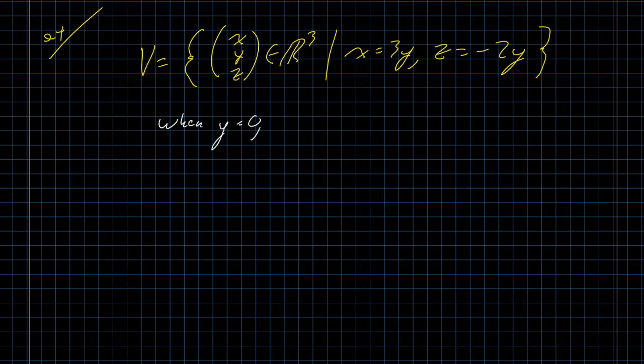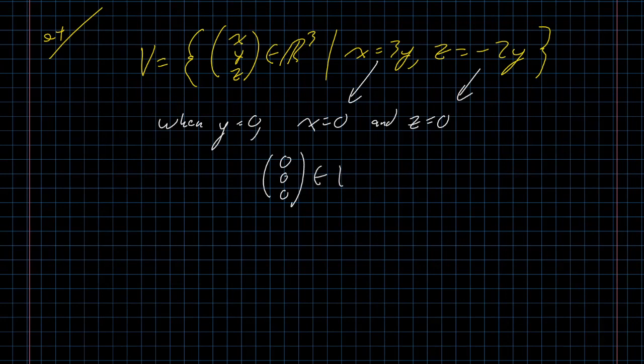If you notice here, if I set y equal to 0, that means that x is equal to 0 and z is equal to 0, just directly from the definition, which means that the vector 0, 0, 0 is in V. And 0, 0, 0 is, of course, the zero vector in R3. So that's the first condition down.